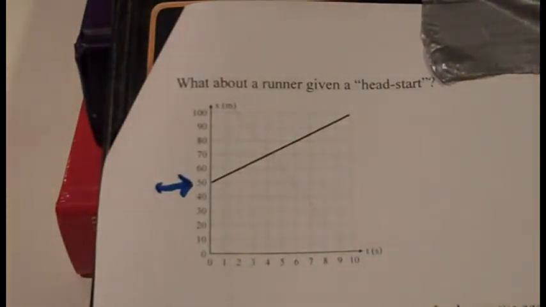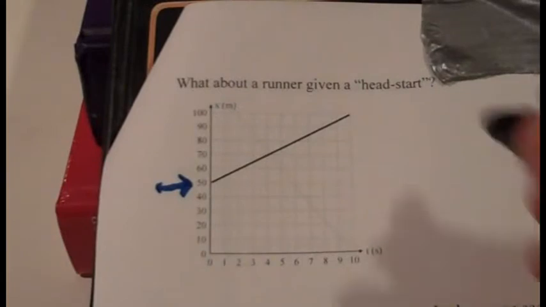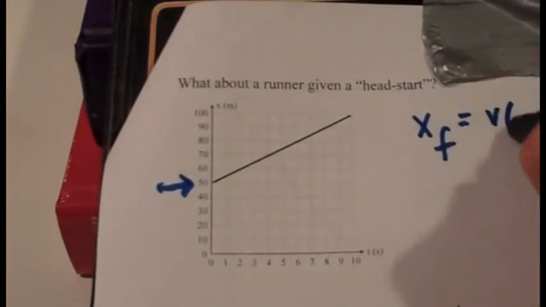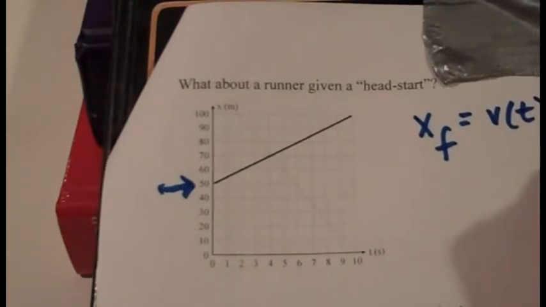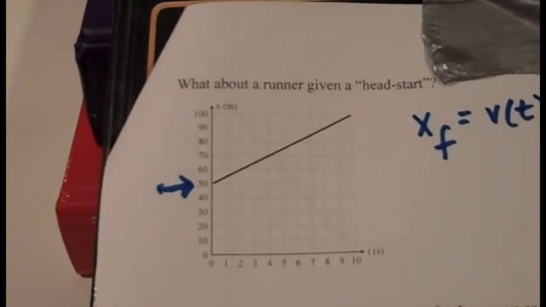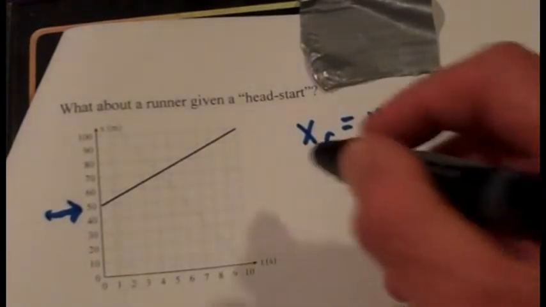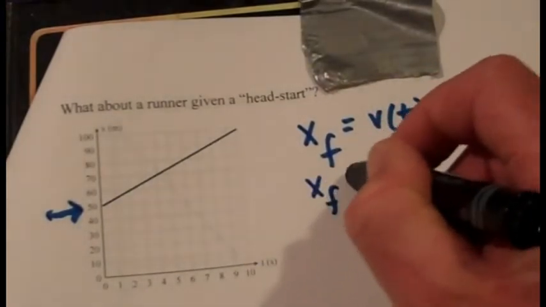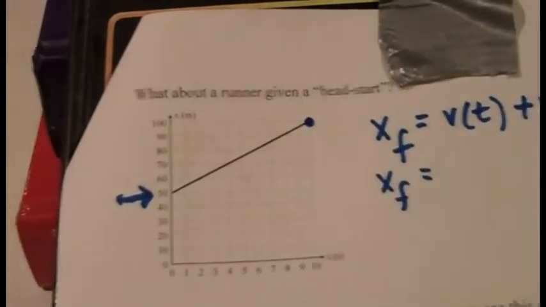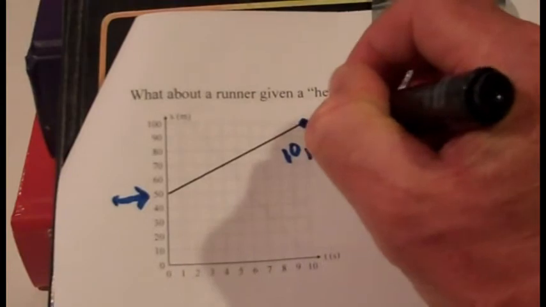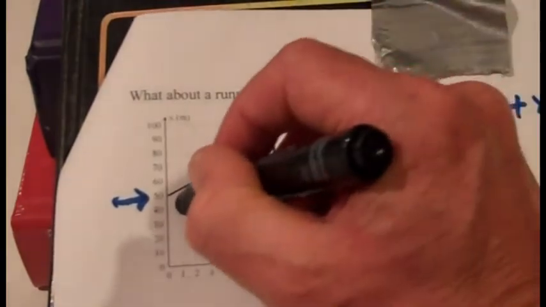So how would we write that equation? Remember we have x sub f, final position, equals v times t plus x sub i, where x sub i represents the initial position. We'll keep t as a variable. The velocity represents the slope. Let's put in our points: we've got 10, 100 and we've got 0, 50.